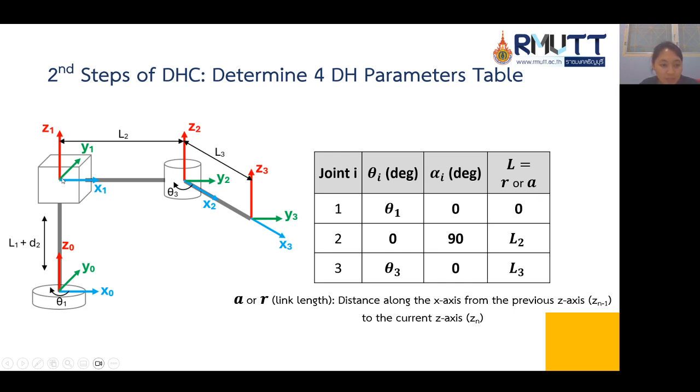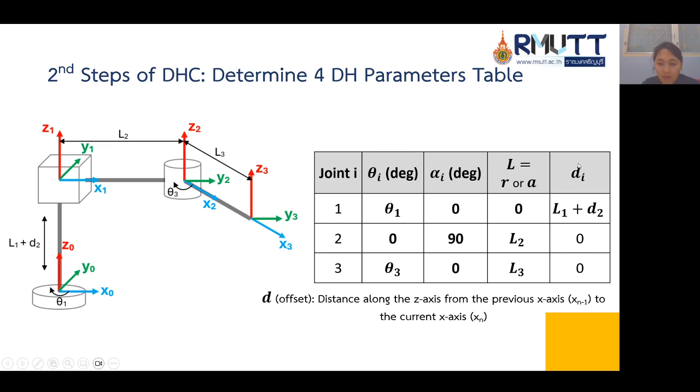And for the second joint, from the previous z-axis z1 to z2, the distance is L2. And for the third joint, the distance from x2 to x3 is L3.